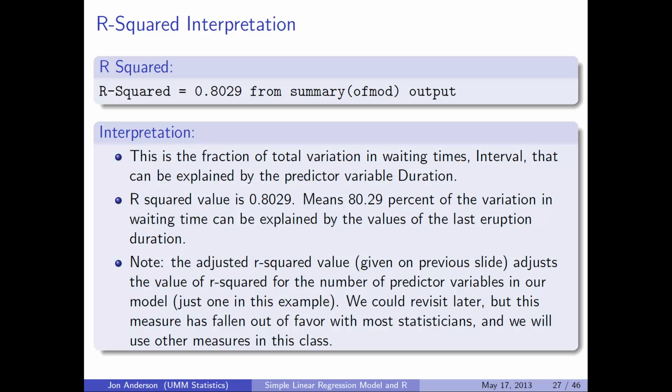So in other words, about 80% of what's going on in that relationship is explained by the eruption durations. So it's not a perfect explanation. Knowing how long the last eruption was is not a perfect predictor, but it is quite good. Higher values of R squared mean a stronger relationship and a better performing predictor.